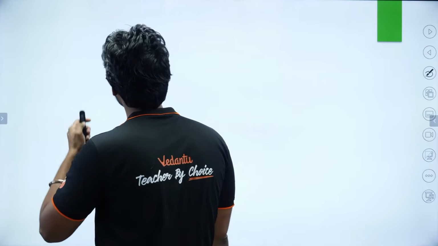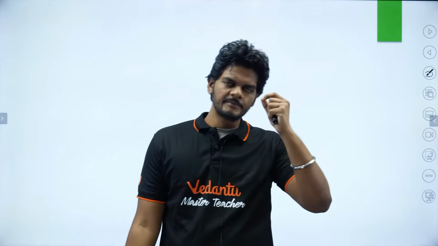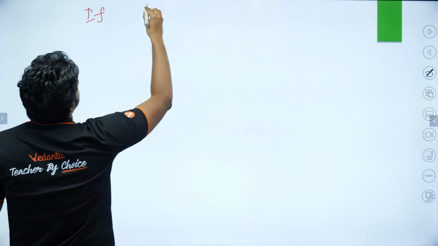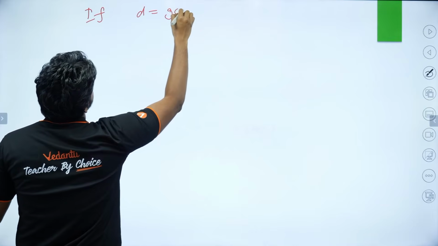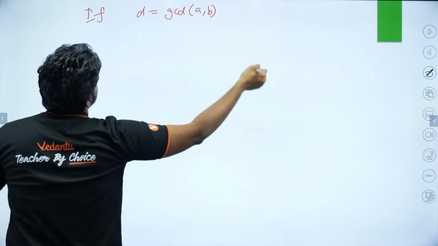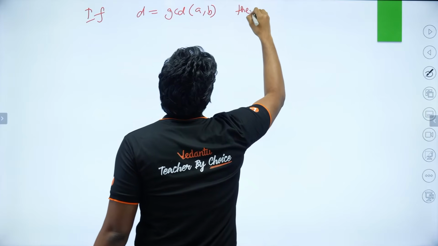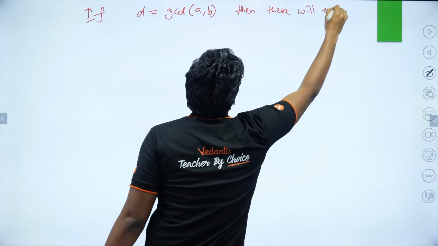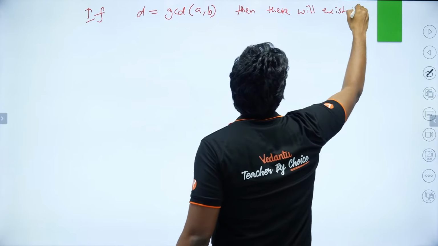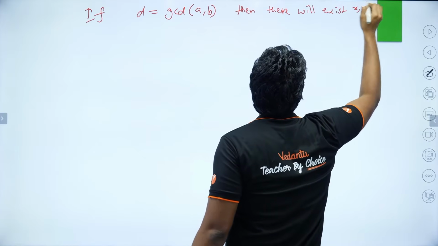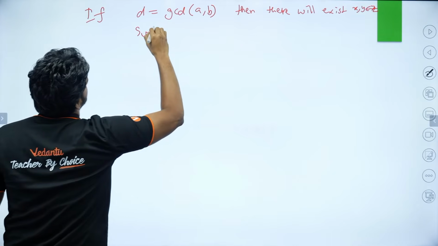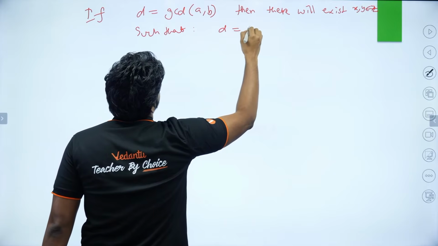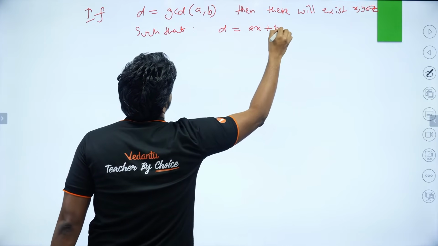By the way, GCD can be written in terms of the numbers: if D is equal to the GCD of A comma B, then there will exist x comma y belonging to integers such that D is equal to Ax plus By.